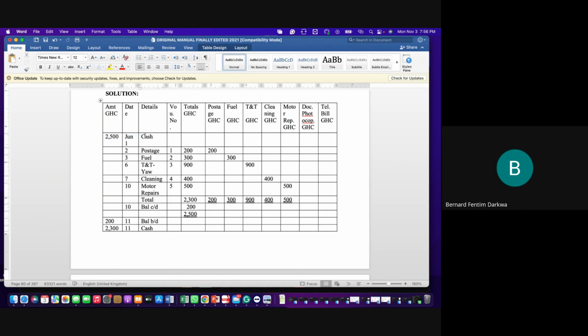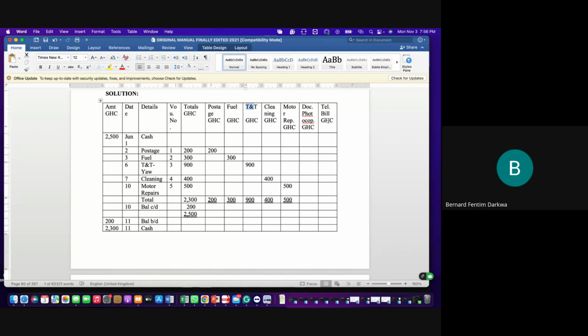So in details, you write postage, and the total amount is 200 in the total column. Then you go and record under postage. So here you open individual expense headings: postage, fuel, TNT, cleaning, motor expenses, photocopy, telephone bill.